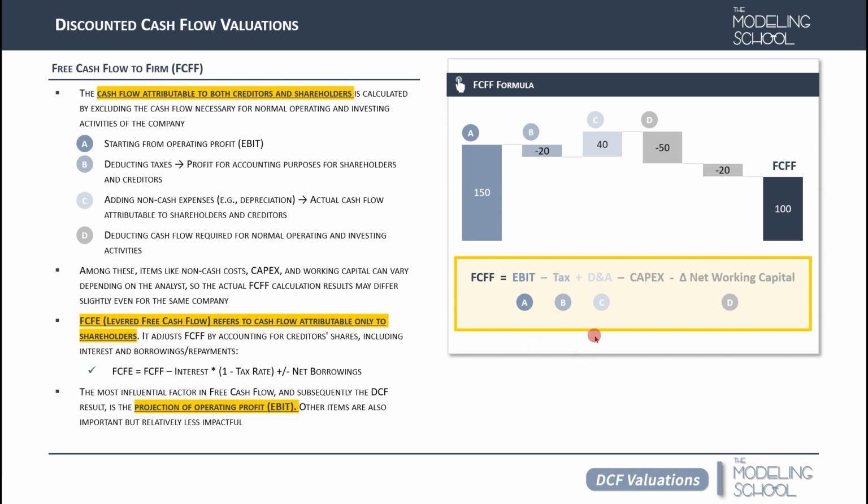And one more thing worth noting, I think, is that this formula that you see right here can be different. Some people start from operating cash flow. Some people start from net income and add back cash flows and expenses. But personally, I think that in practice, the most frequently seen formula is the one that we're seeing right now.